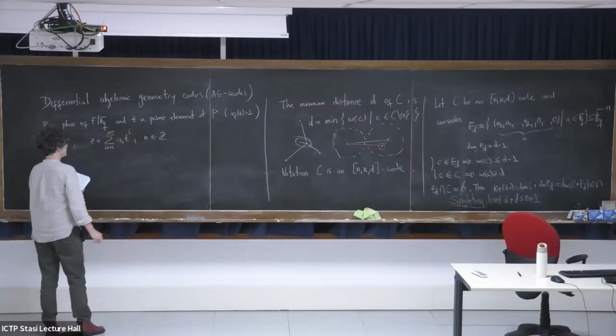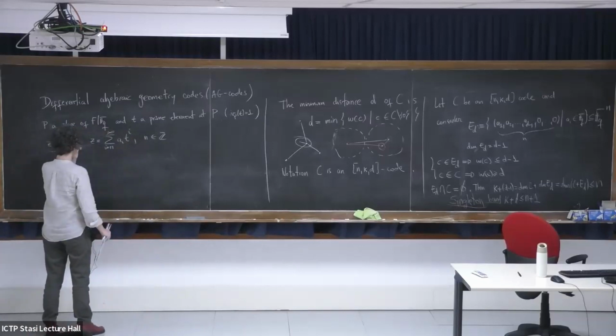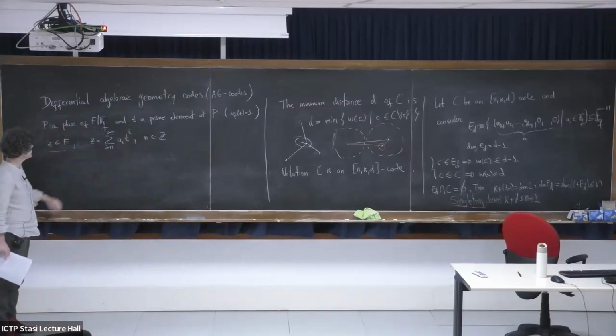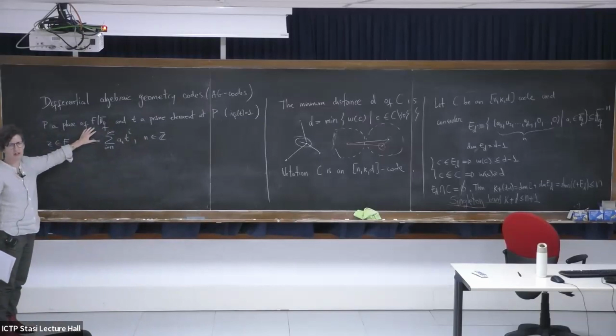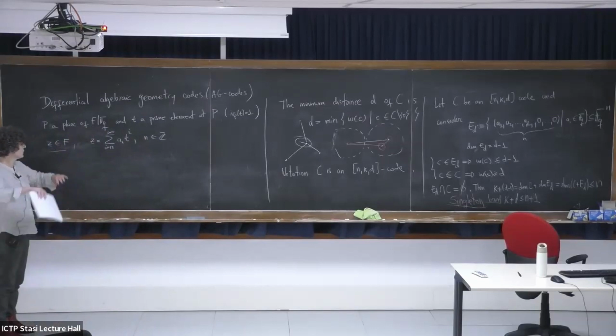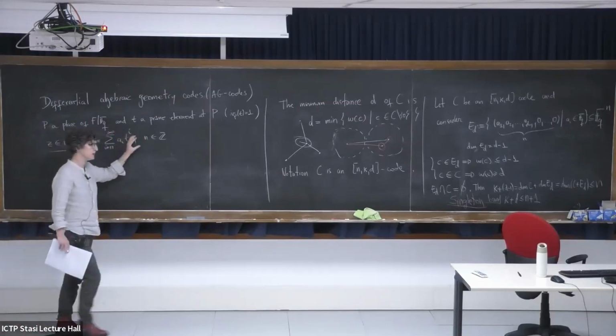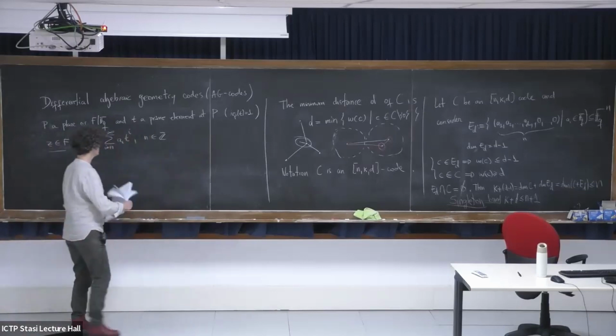I'd like to recall that, although I didn't say it until now, working with function fields you are working with Riemann surfaces. So this is exactly what you do when you are doing Riemann surfaces: you have a function, and locally you can expand it in a power series.